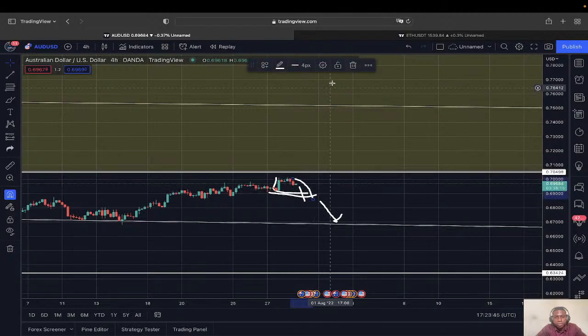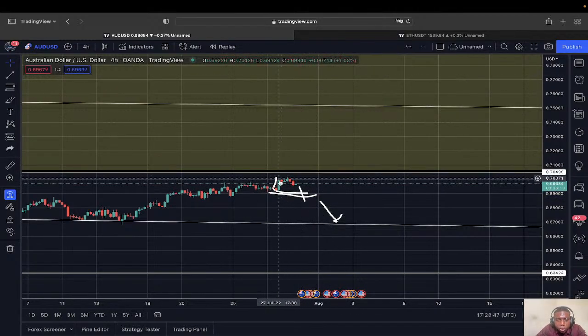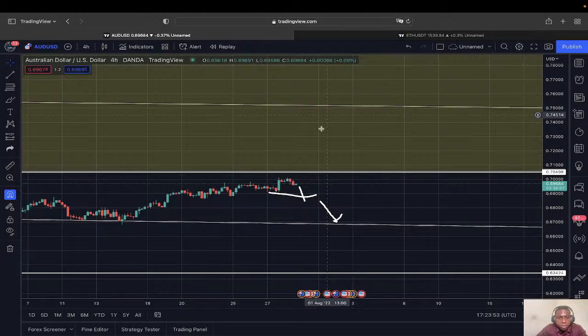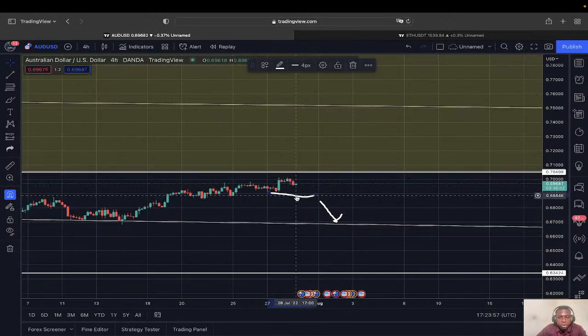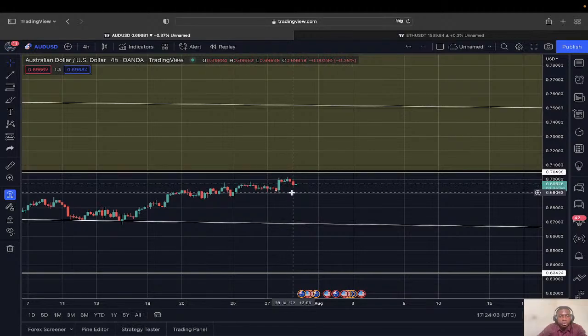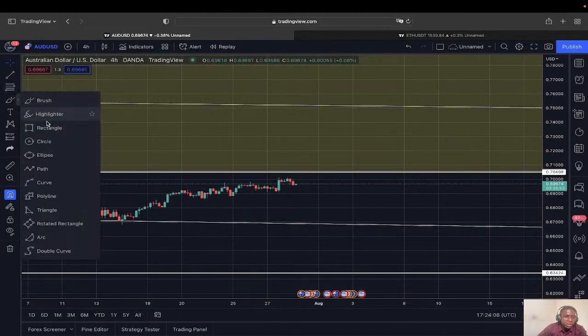If price closes above this bullish engulfing candle, then the market would continue to go bullish, but if it closes below it, then definitely the market goes bearish.